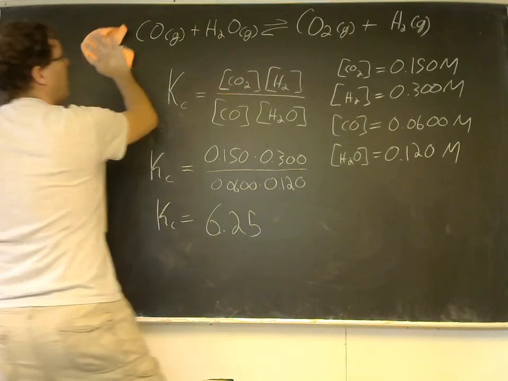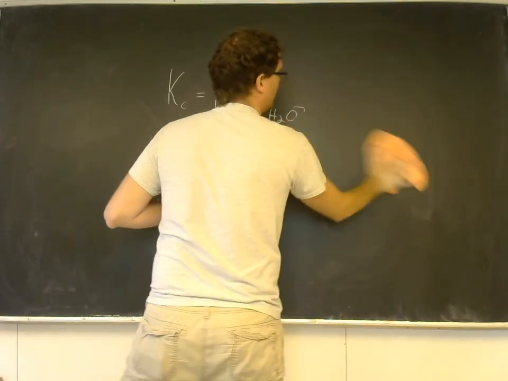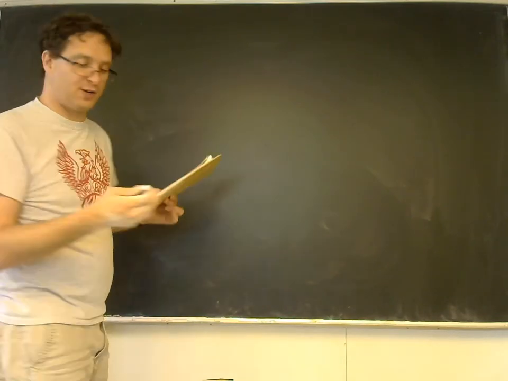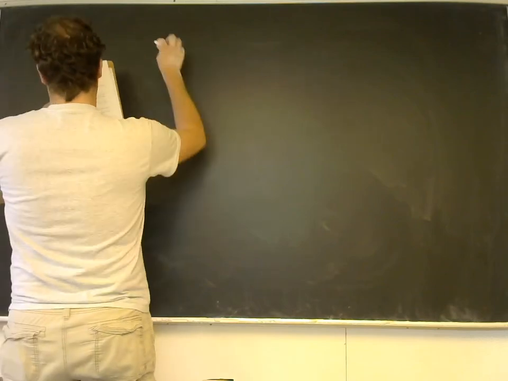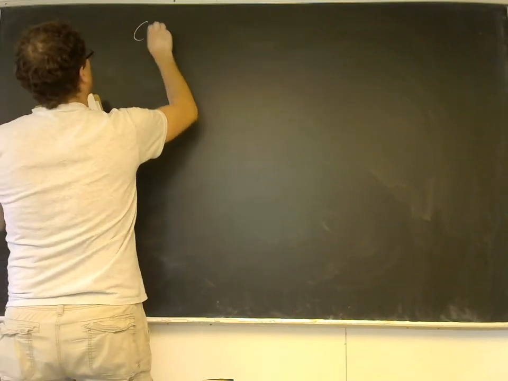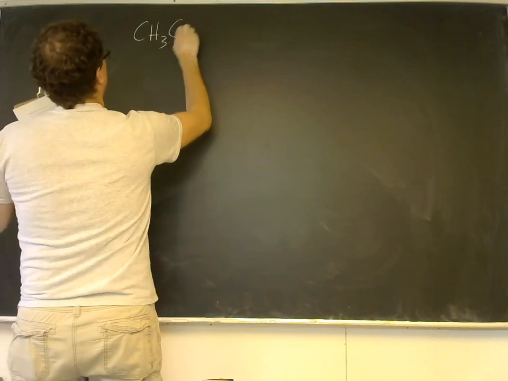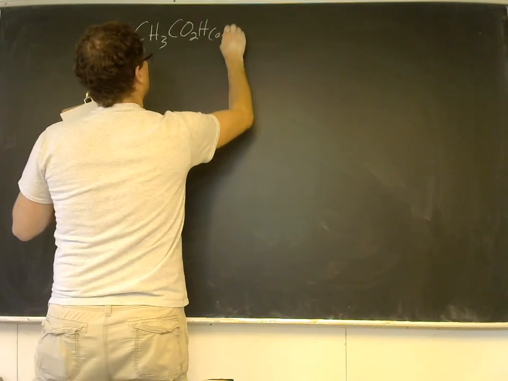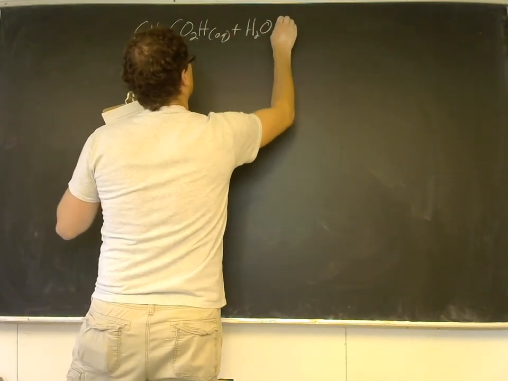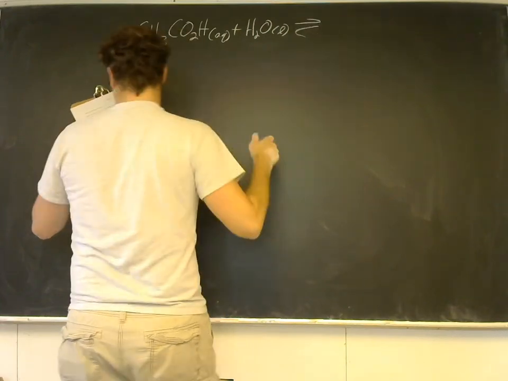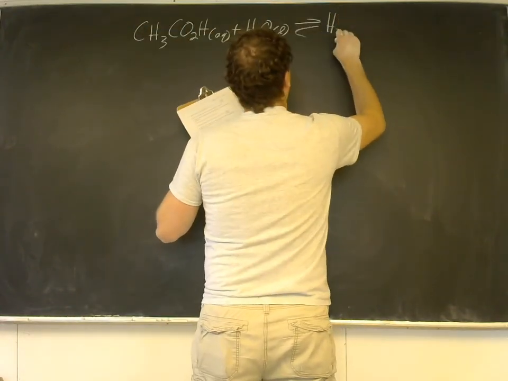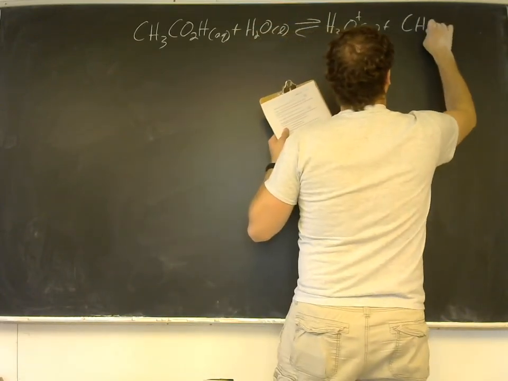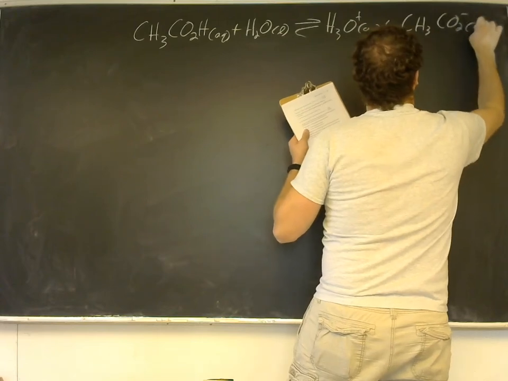If we already know the value of Kc, then we could use it to solve for an unknown concentration at equilibrium. So here's another reaction. CH3CO2H, that's aqueous, plus H2O liquid is in equilibrium with H3O plus aqueous plus CH3CO2 minus aqueous.